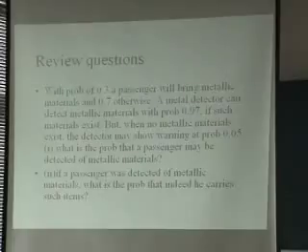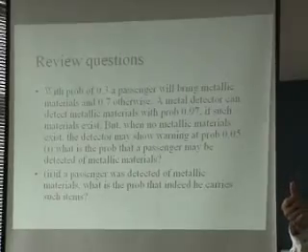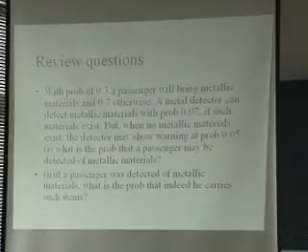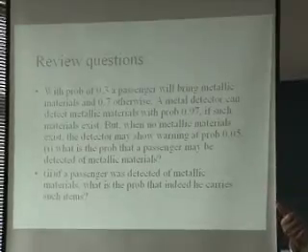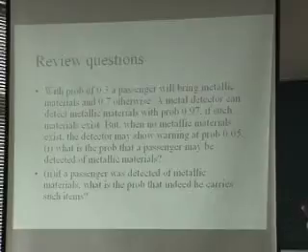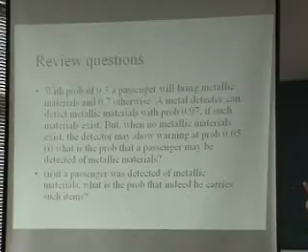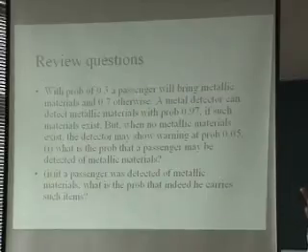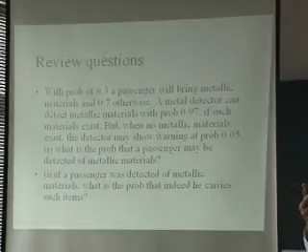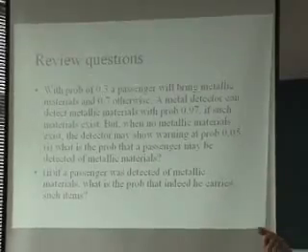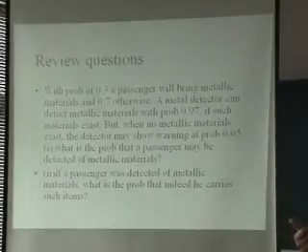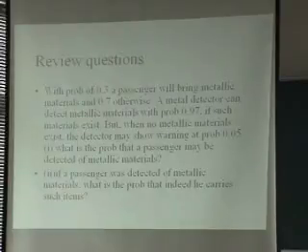When he brings something, the machine will ring at a certain probability, and when he does not, the machine will ring at another probability. So the question is, when the bell already rings, what's the probability? The first question is, what's the probability the bell will ring? The second one is, when the bell rings, what's the probability that he indeed brings something with him? Questions?